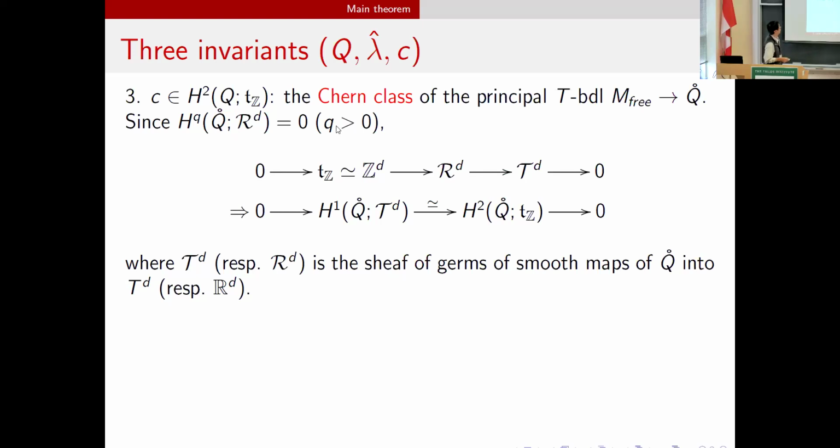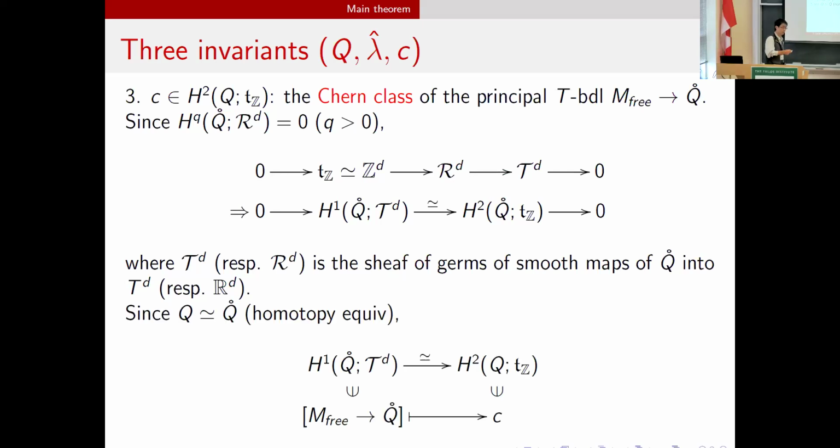And this T^d is the sheaf of germs of smooth maps from Q ring into T^d. So by this short exact sequence, we can determine the long exact sequence. And moreover, there is no cohomology with R^d coefficients. So we can get this isomorphism between H^1 with T^d coefficients and H^2 with the lattice in the Lie algebra t.